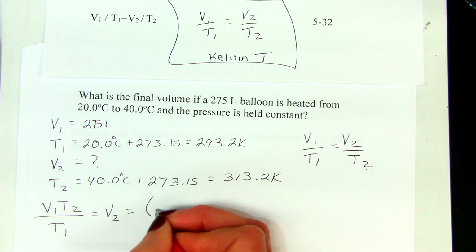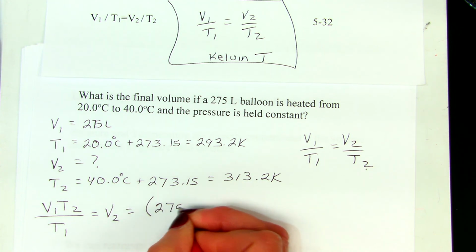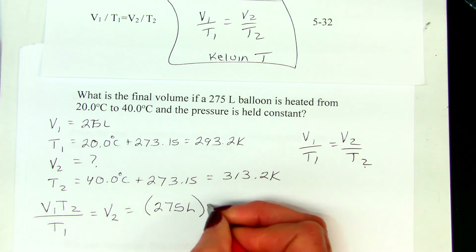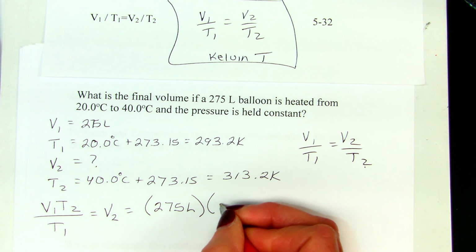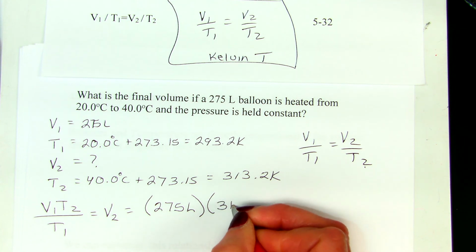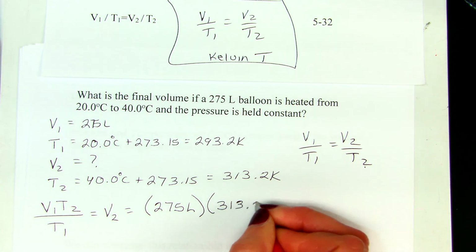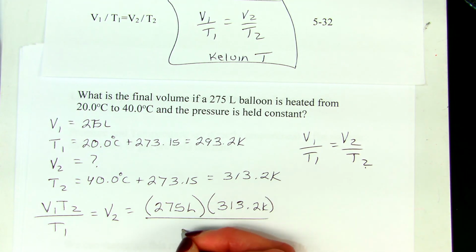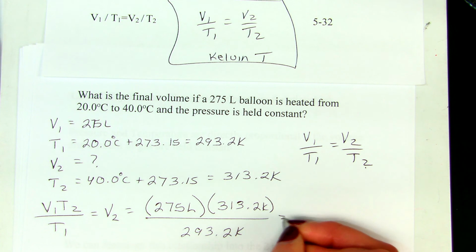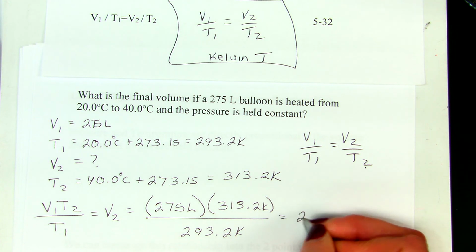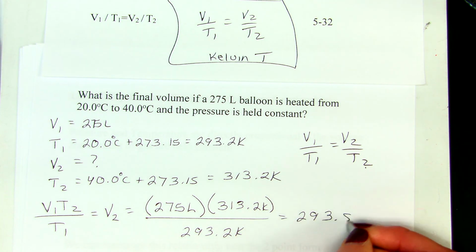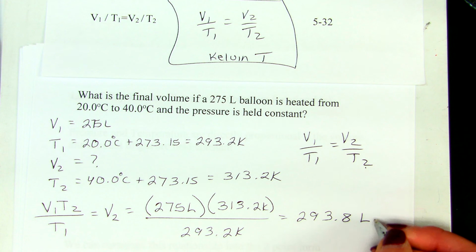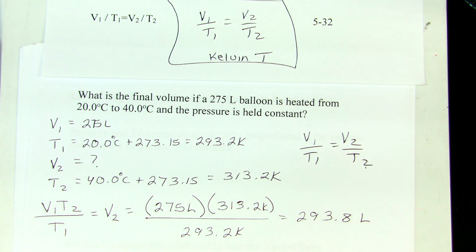So I plug in my numbers. 275 liters, my original volume, times my new temperature, 313.2 Kelvin, divided by my original temperature, 293.2 Kelvin, is equal to, on my calculator, 293.8 liters.